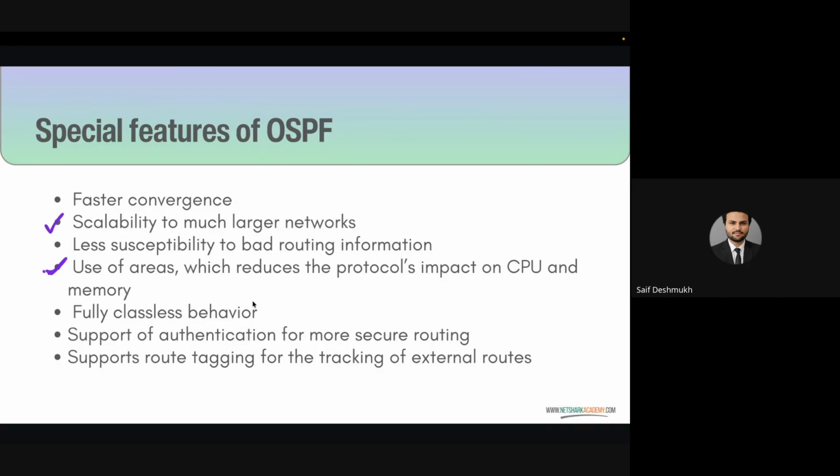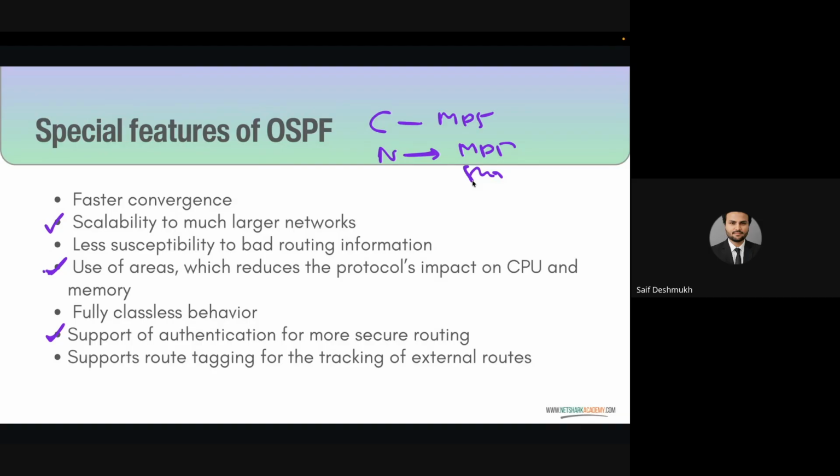By design, it has fully classless behavior. It also supports authentication, very similar to what we use in EIGRP, but not as complicated, because in EIGRP there was a limitation. Classic EIGRP only supported MD5. Named EIGRP supports MD5 as well as SHA. In OSPF, it has native support of SHA, and not just basic SHA: you can have 256-bit, 512-bit, and you can also encrypt those.